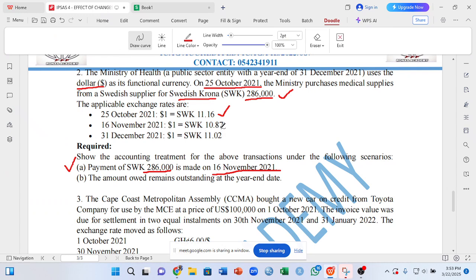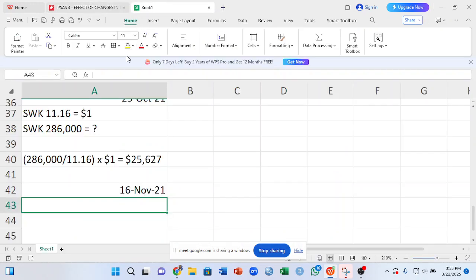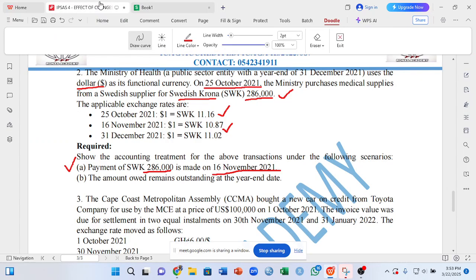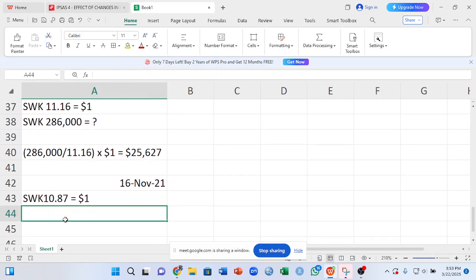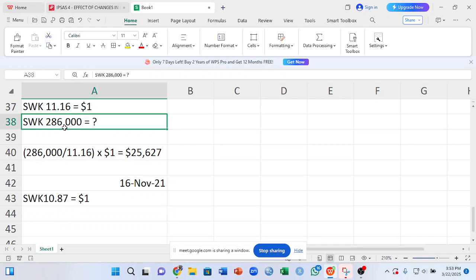We come to the charts here. 16th November 2021, we're told that it's $1 to Swedish krona 10.87. So 10.87 equivalent to $1. Then we do our conversion.